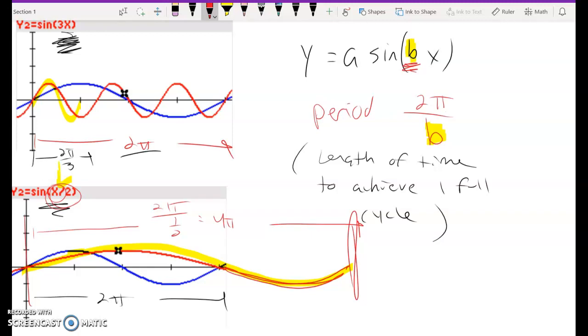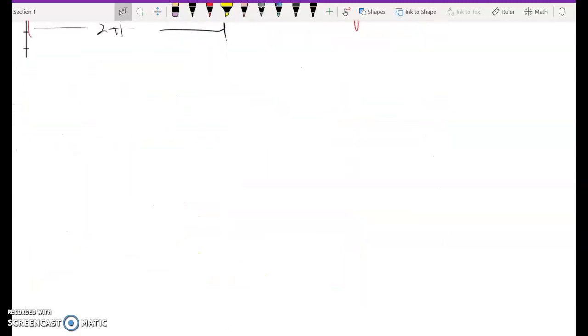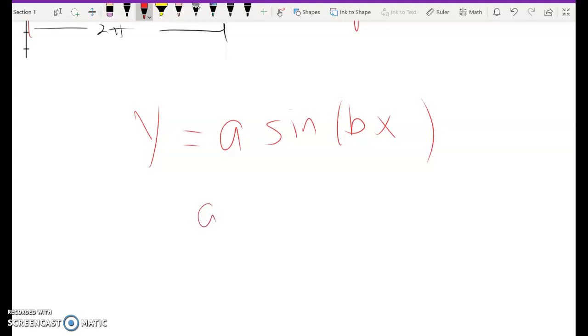Okay? So to conclude, here's what we're looking at. For any sine or cosine function, the same thing can be said. Right? We have 2 opportunities to compress or stretch vertically or horizontally. A is the amplitude, really the absolute value of A. And B affects the period.